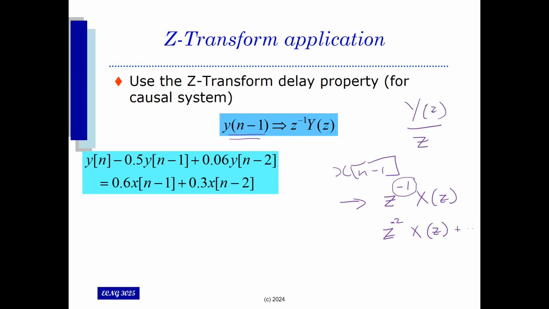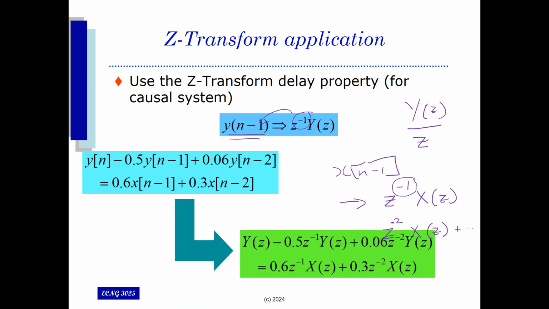This doesn't tell us the whole story. This does. Minus 1 tells you that there was a delay of 1. Minus 2 would tell you that there was a delay of 2 and so on. So that's why we prefer to keep the negative index form.